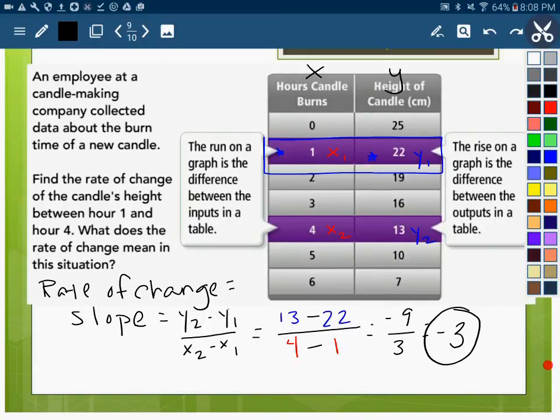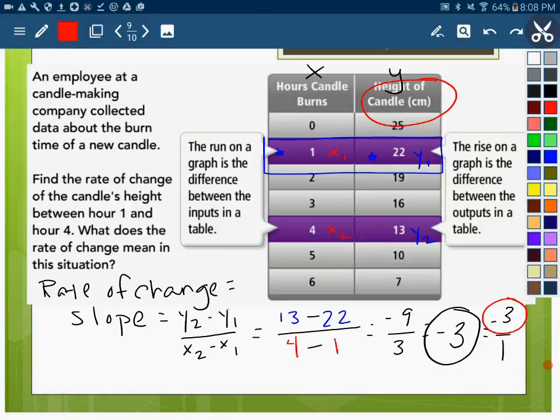So negative 3 over 1. The 3 represents the rise. The rise represents candle height in centimeters. So negative 3 represents the height.